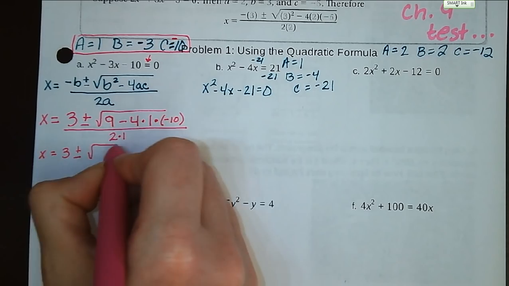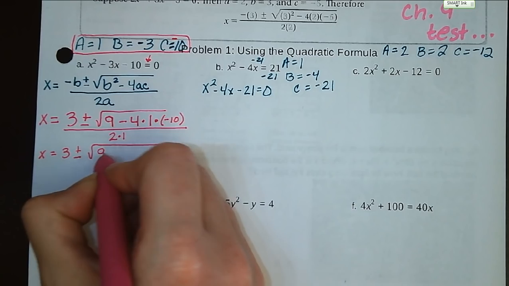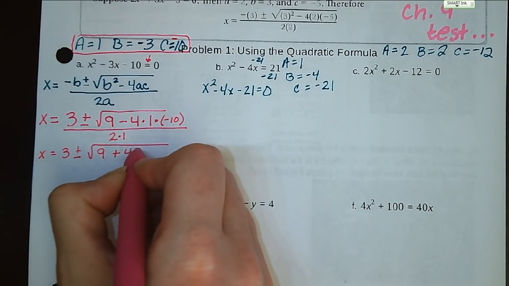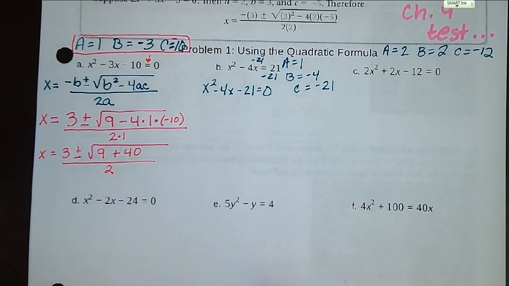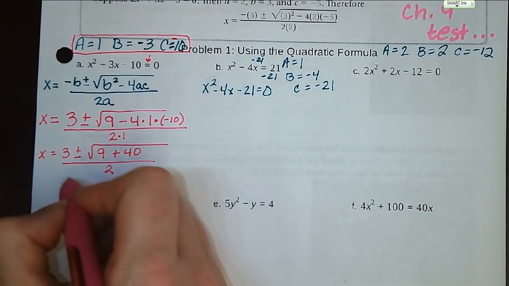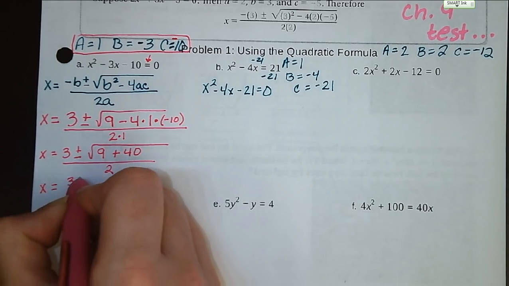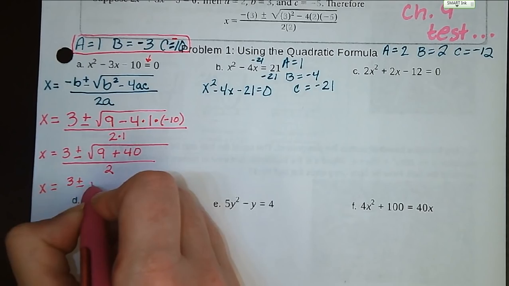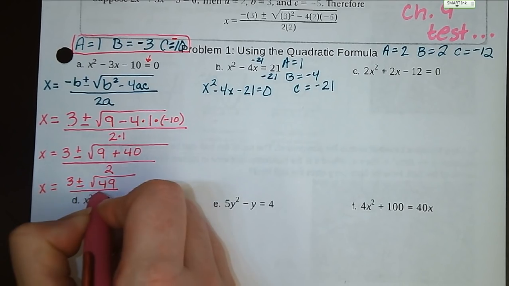So you have 3 plus or minus the square root of 9 plus 40 over 2. 9 plus 40 is 49. The square root of 49 is 7.